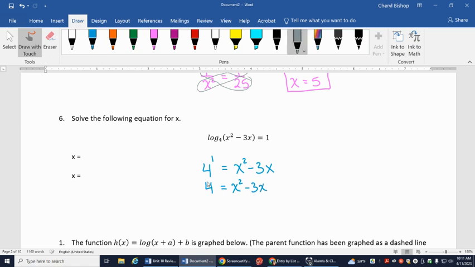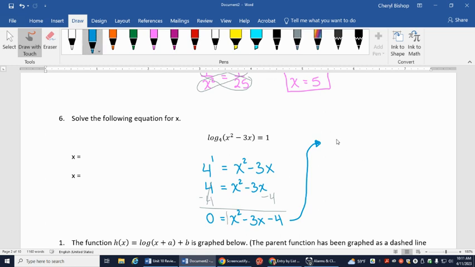I need it to be set equal to 0 so I can factor it. So when I do that, I get 0 equals x squared minus 3x minus 4, and then I'm going to factor that. It's an easy one to factor because there's not a leading coefficient on x squared.